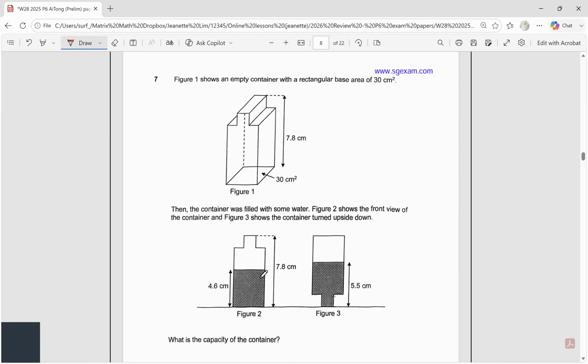So firstly, the container includes the water, volume of water, and the volume of air. Okay, volume of water would be base area times height.